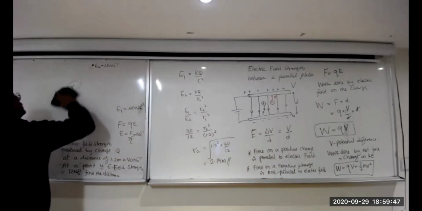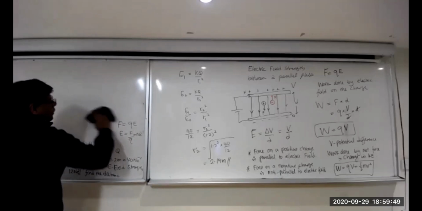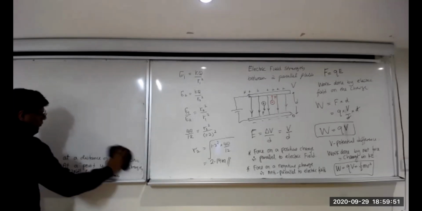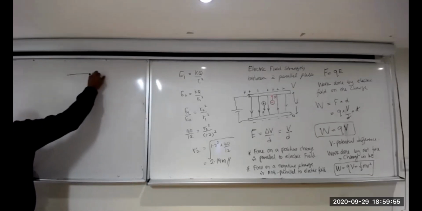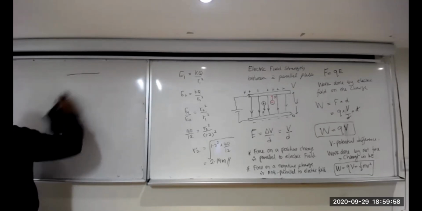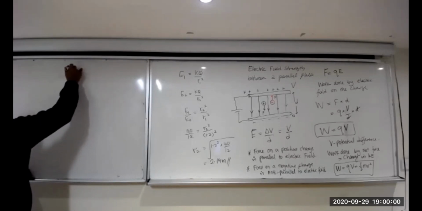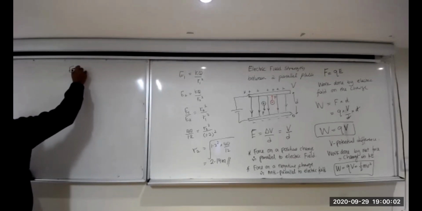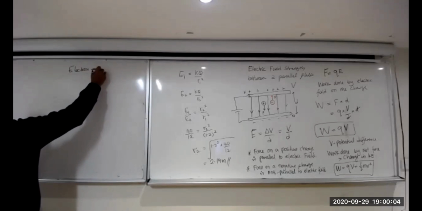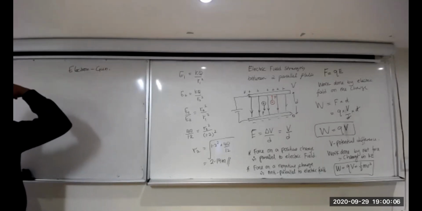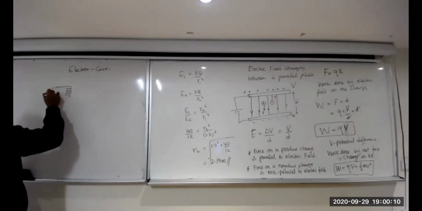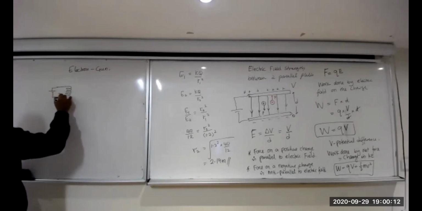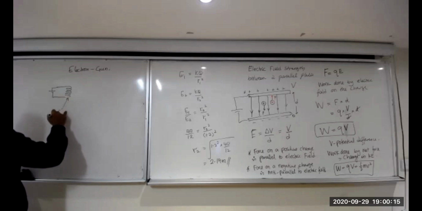Let's do a couple of questions. If you look at the electron gun scenario, you have a hot filament. This is the filament.